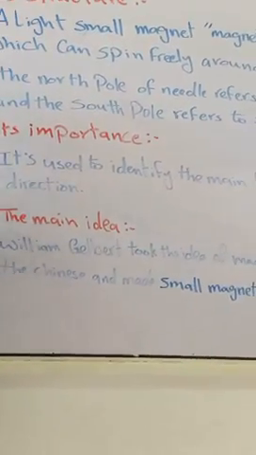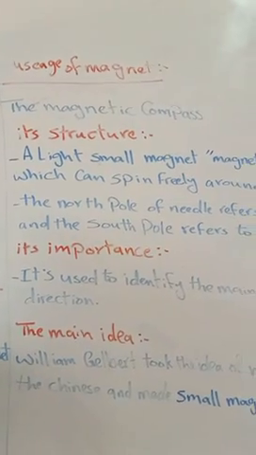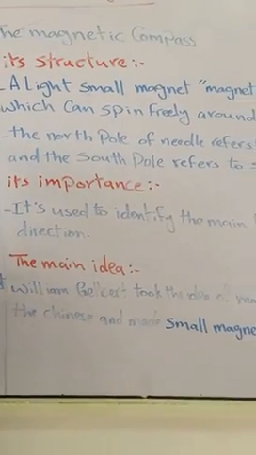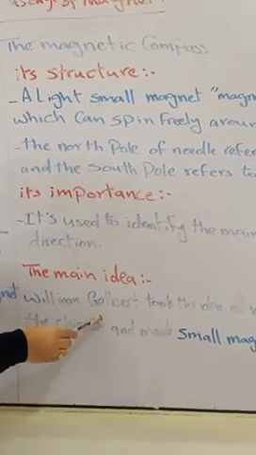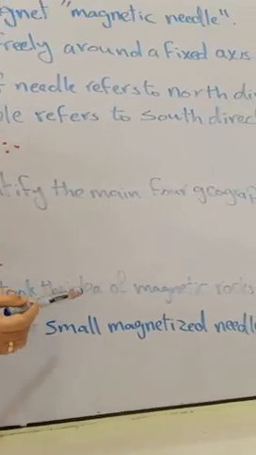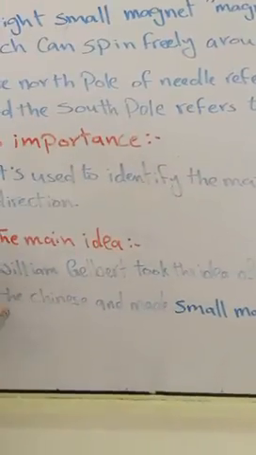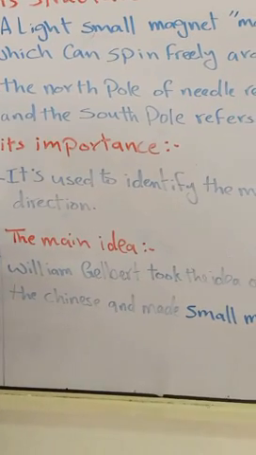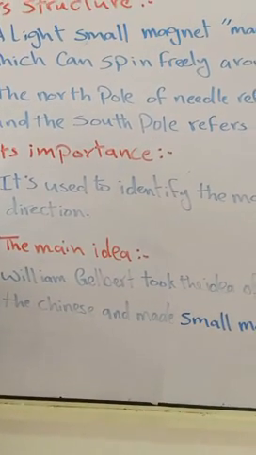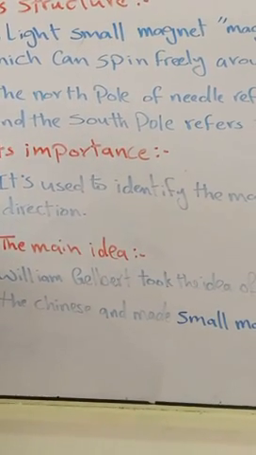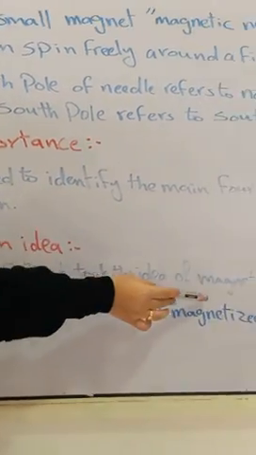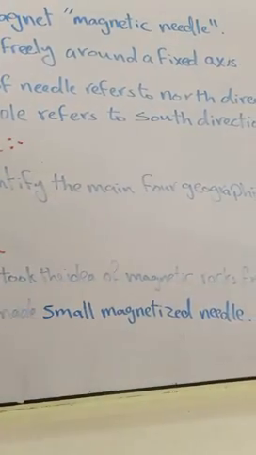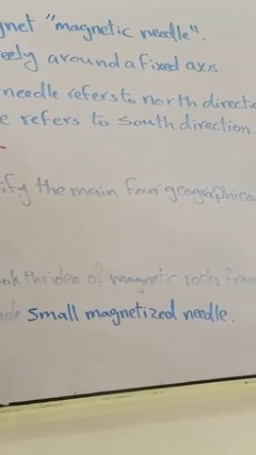The main idea of making the magnetic compass is that a scientist called William Gilbert took the idea of magnetic rocks from the Chinese. The old Chinese were identifying the main 4 geographical directions by using magnetic rocks, which are natural magnets.